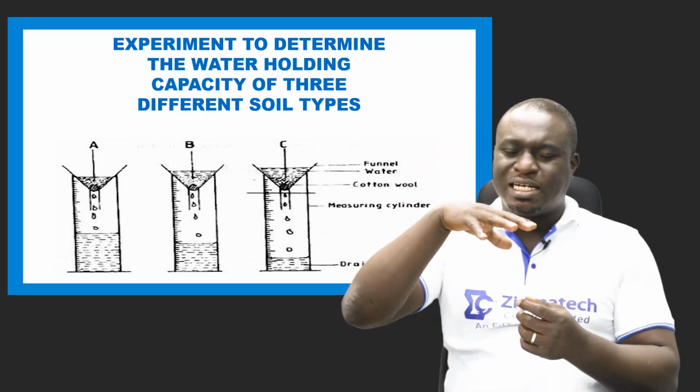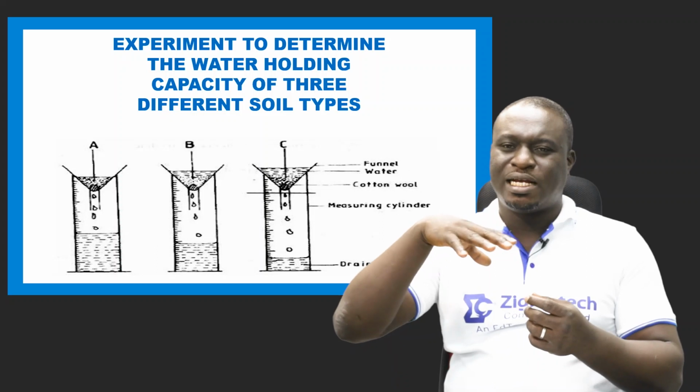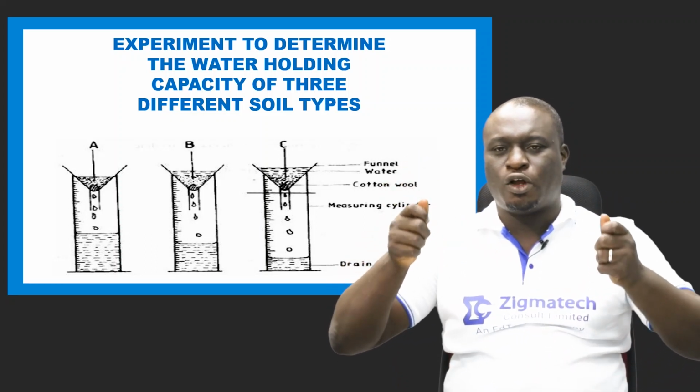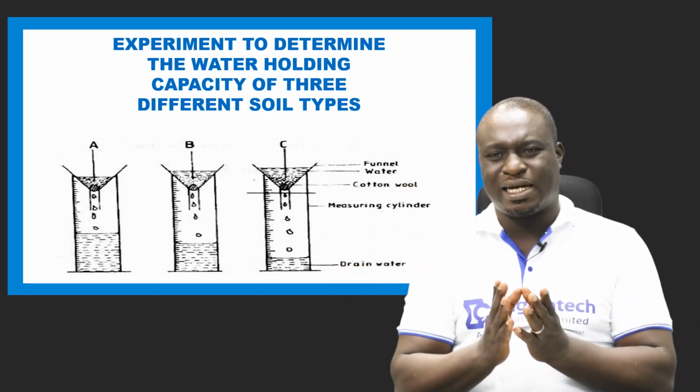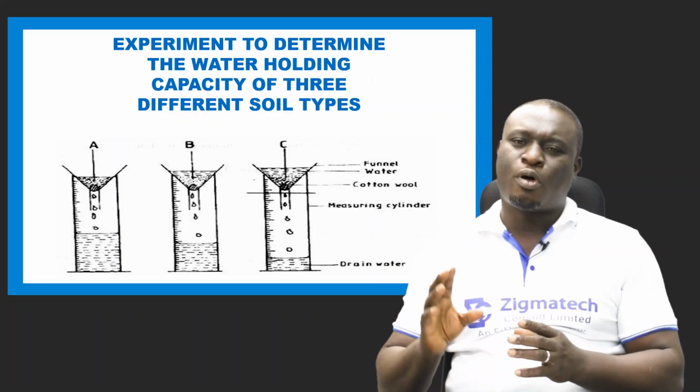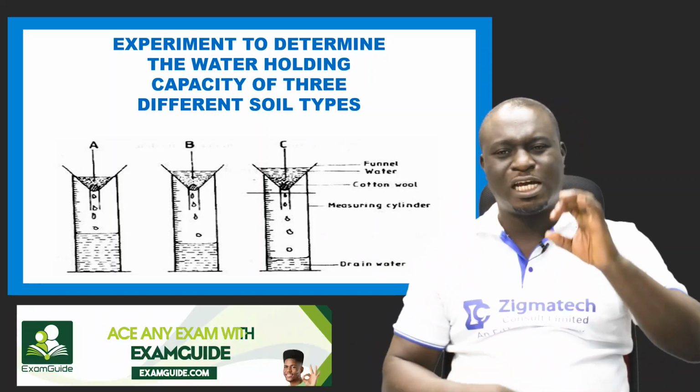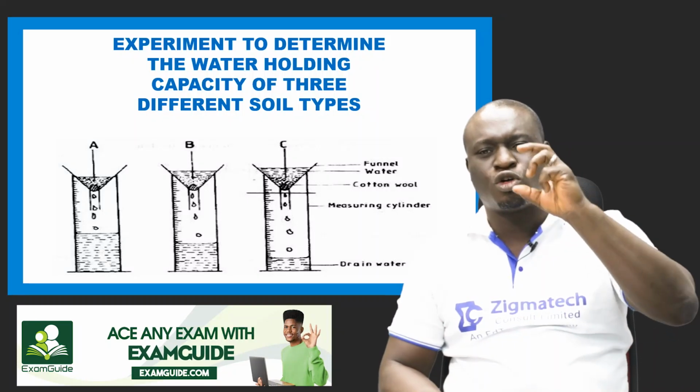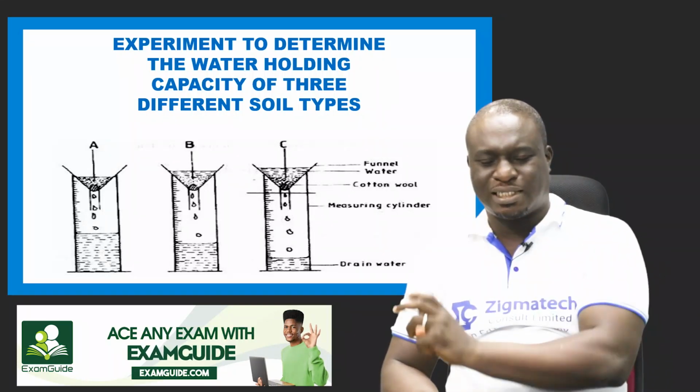Then we poured in the soil. After putting in the soil, you mount the funnel on a measuring cylinder, each of them. And then you pour equal amount. Please take note, it must also be equal amount of soil in each of the stands.